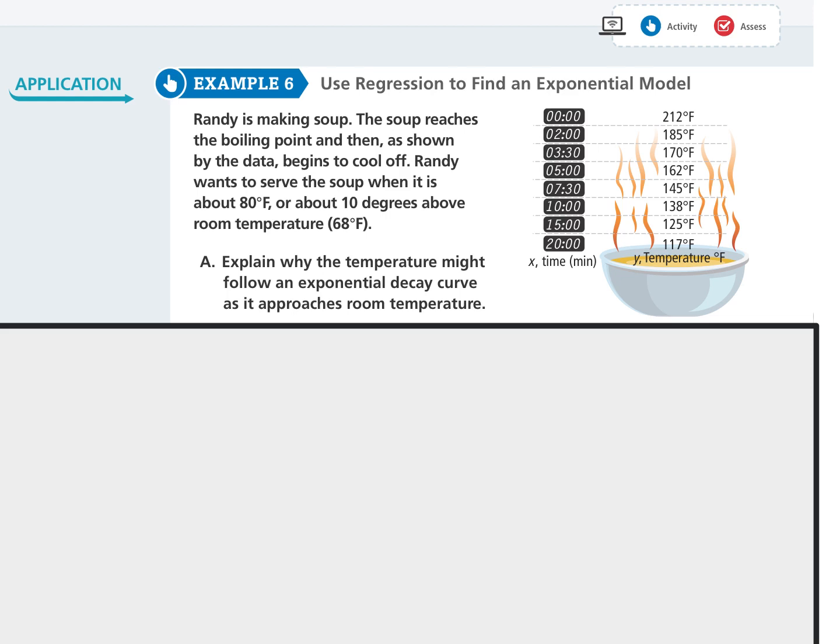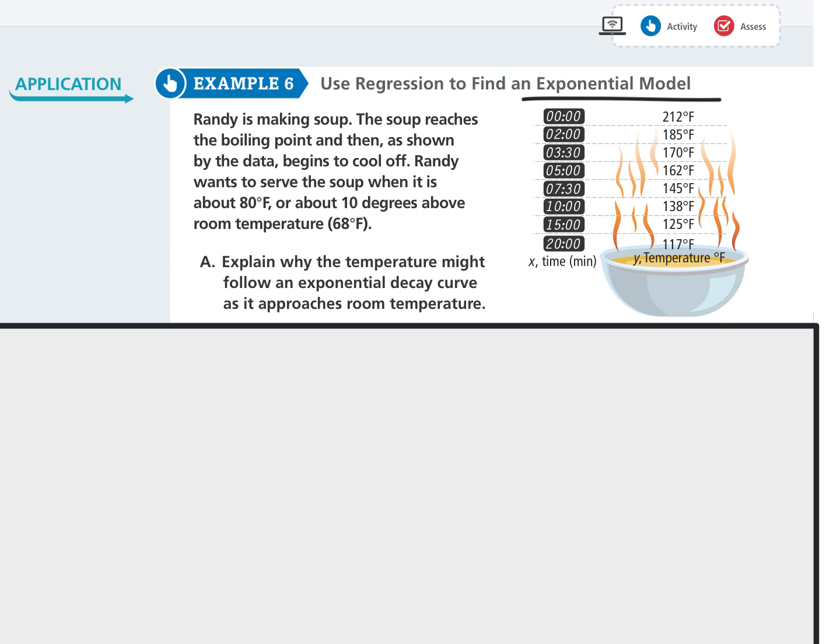All right, so the last application today is for us to talk about how we find exponential models to model data. So basically, if we're given the points, how do we find an equation from that? So this particular example is talking about making soup, and that it's reaching a boiling temperature, so it's getting really, really hot, and then it's cooling off to about room temperature.